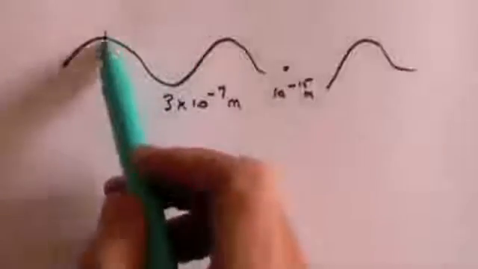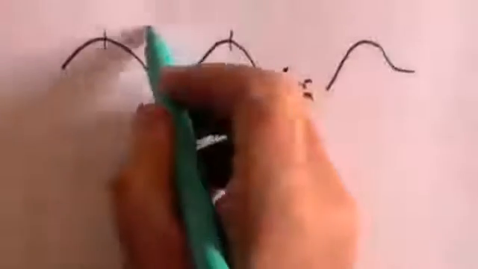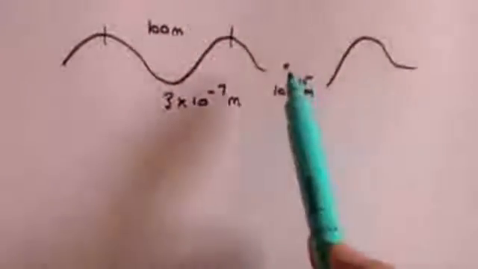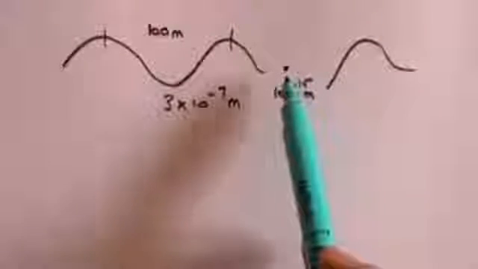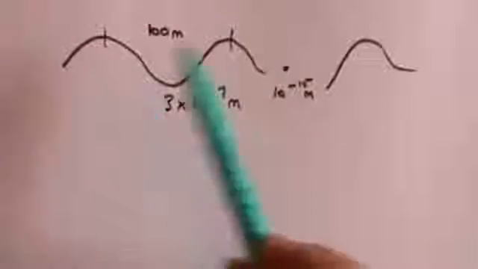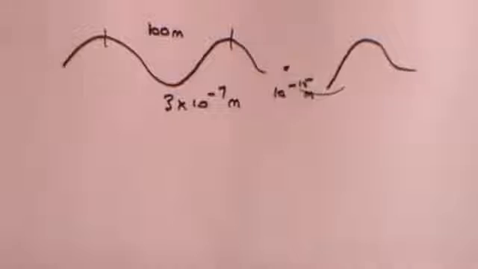Which means that one wavelength of light is 100 million times larger than the radius of the nucleus we're looking at. So if you send a light beam trying to interact with a nucleus, the light beam will simply sail past it without even realizing that it's there.